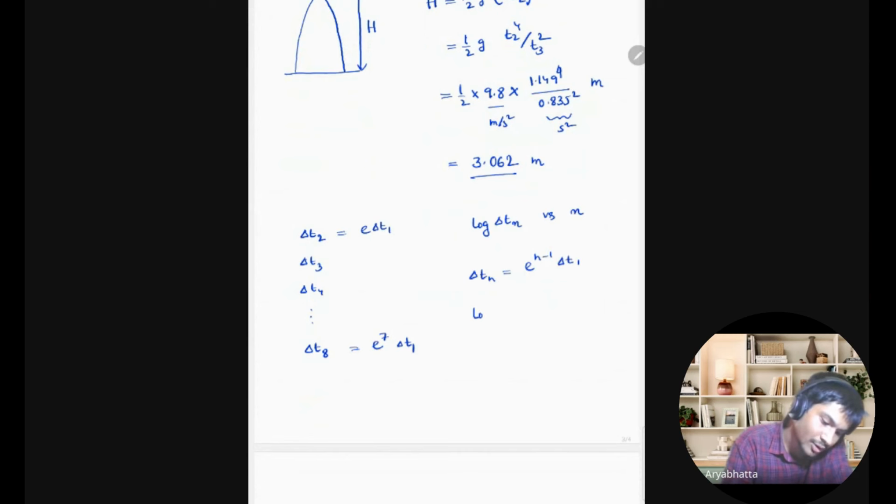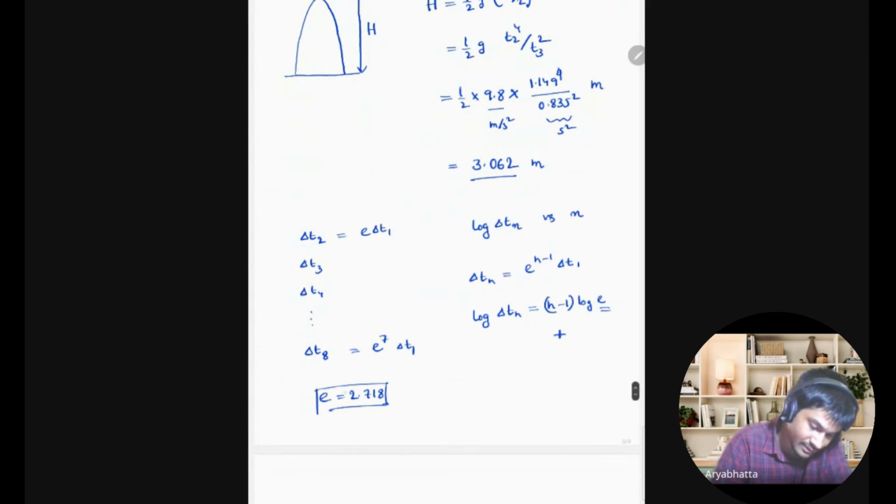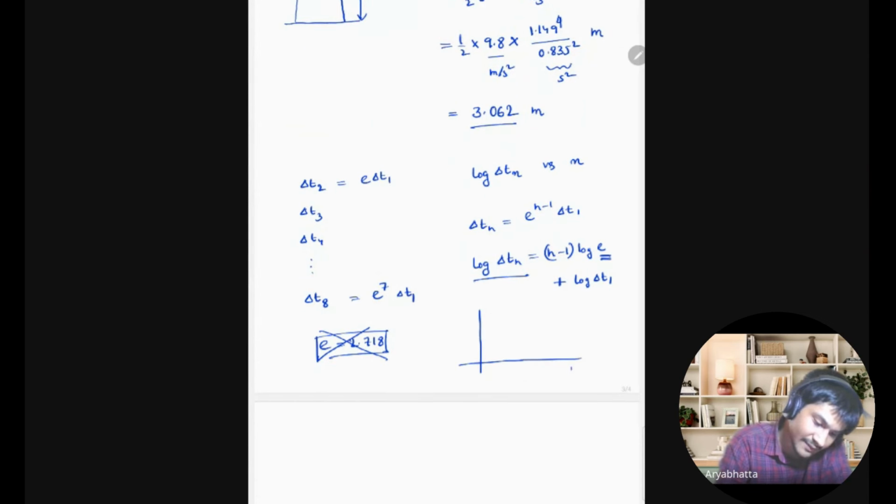So if I take log both sides, we'll get log Tn equal to n minus 1 log e plus log delta T1. This e, don't confuse this e with the natural e, which is equal to 2.718. Don't confuse them, because this e is our coefficient of restitution. So this is not the e we want. Now it's better to plot a graph of n minus 1 versus log delta Tn.